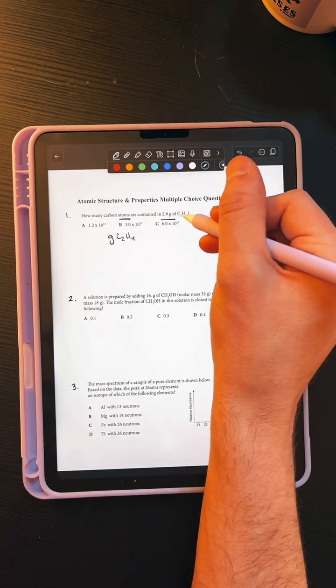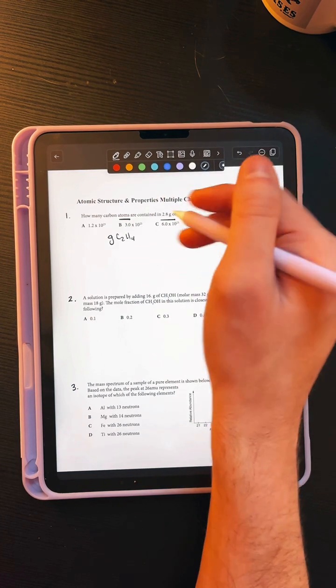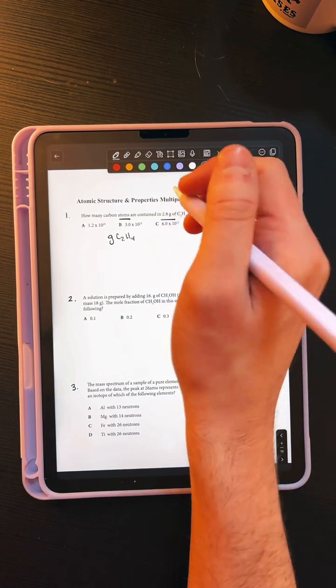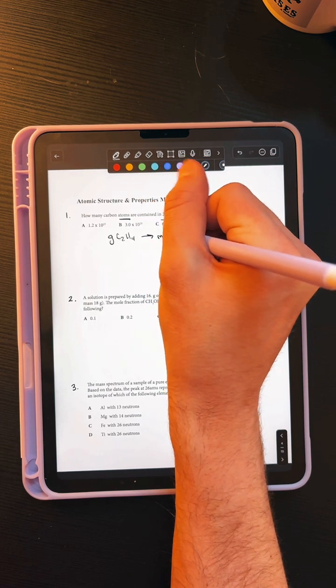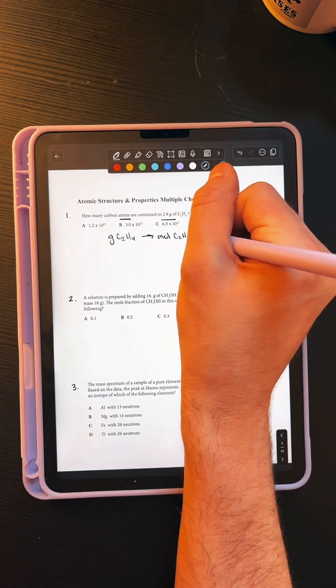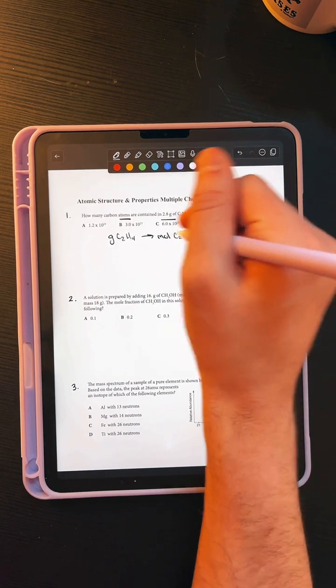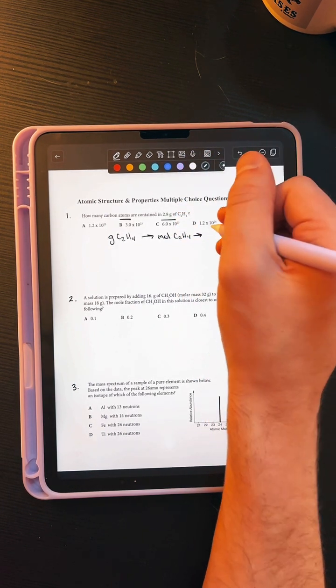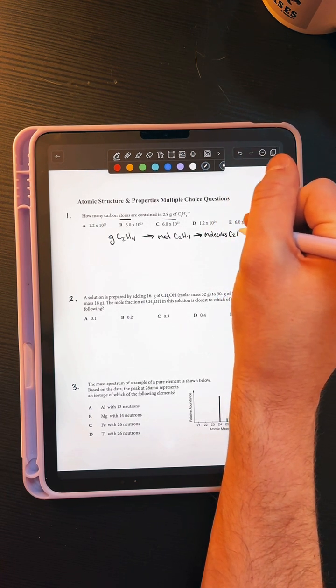The only way to go from grams of something into something else is to be in moles. So we'll go from grams into moles of C2H4, then we will go into molecules of C2H4.